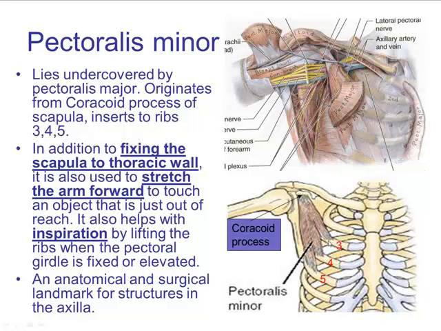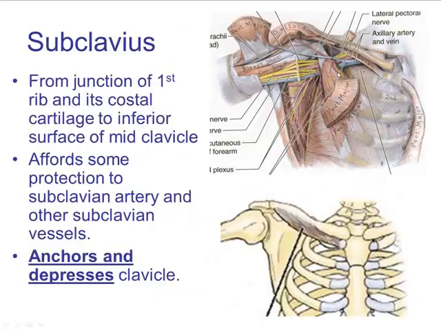It participates in inhalation, lifting the rib cage. It also functions as an anatomical mark to define the structures in the axilla. We're going to talk about that later. Pec minor, that's another muscle.